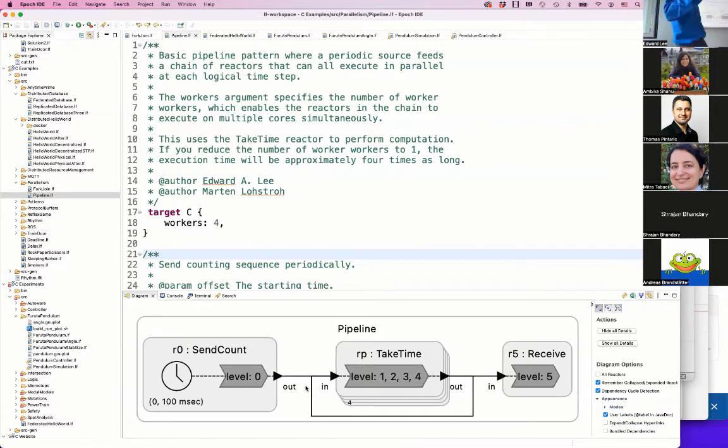So suppose that I wanted to execute these in parallel. What should I do?